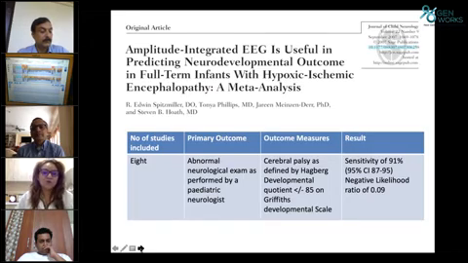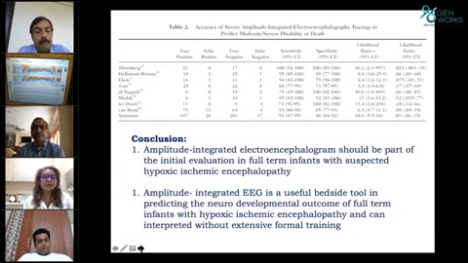And what they found is that amplitude EEG is really great, with a sensitivity of 91% and CI of 87 to 95. And it has a good negative likelihood ratio.